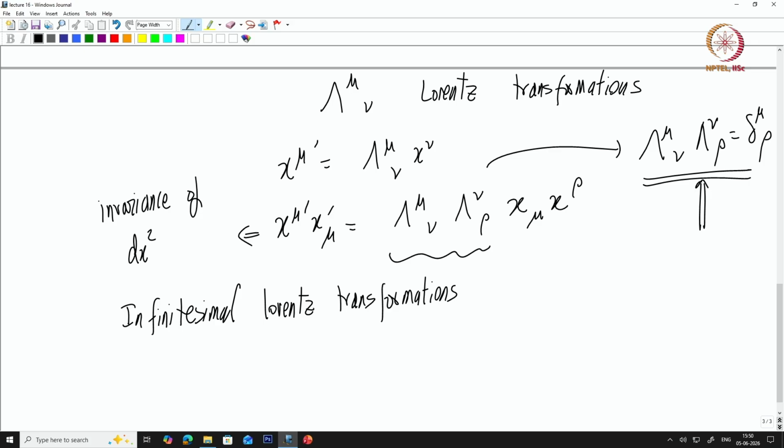So you can take the trace, you can take the 0 0 element, and then you have the proper Lorentz transformations and improper Lorentz transformations and so on. This entire Lorentz group picture will emerge from there.